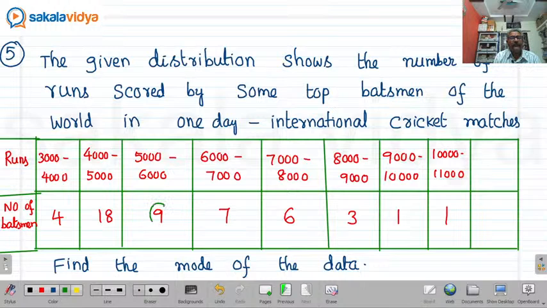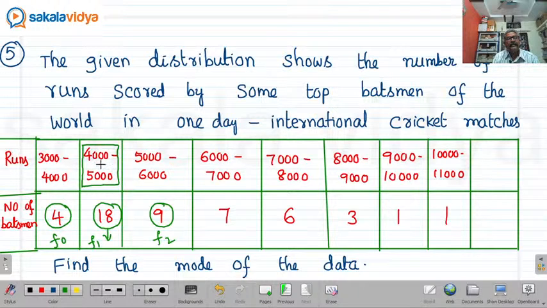This is the maximum frequency, this is F1, this is F0, this is F2. This is the modal class, L value 4000. 5000 minus 4000, it's a continuous class, so the size of the class is 1000. Okay, let us find out now.